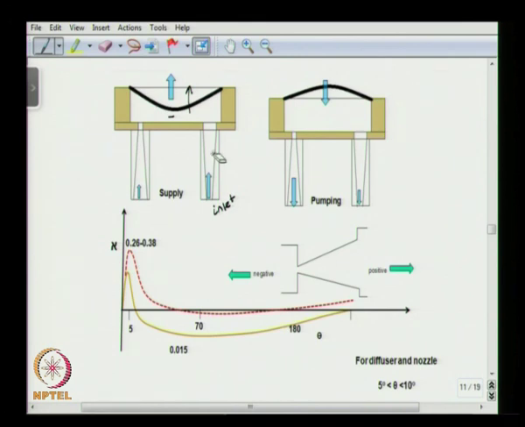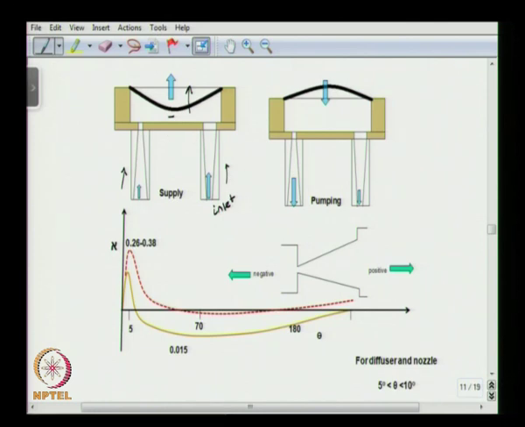However, at the inlet we have a diffuser arrangement and at the outlet we have a nozzle arrangement, and we know that the pressure drop across a diffuser is less as compared to that across a nozzle. So more fluid goes from the inlet to the chamber as compared to what goes from the outlet to the chamber. So we have more fluid coming from the inlet into the chamber.